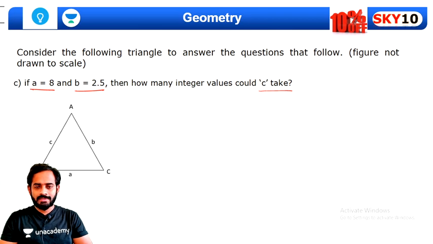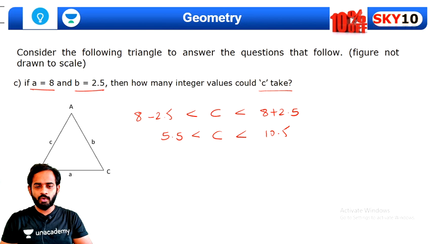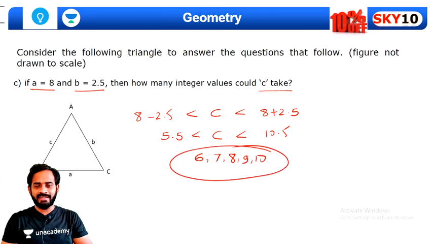We know that the value of C should be less than A plus B, that is 8 plus 2.5, and it should be greater than the difference of 8 and 2.5, that is, C should always be greater than 5.5 and it should always be less than 10.5. So between 5.5 and 10.5, what are the different integer values C can take? That is 6, 7, 8, 9 and 10. These are the different integer values C can take, right? So these are the 5 different values possible. I hope there is no doubt, guys.